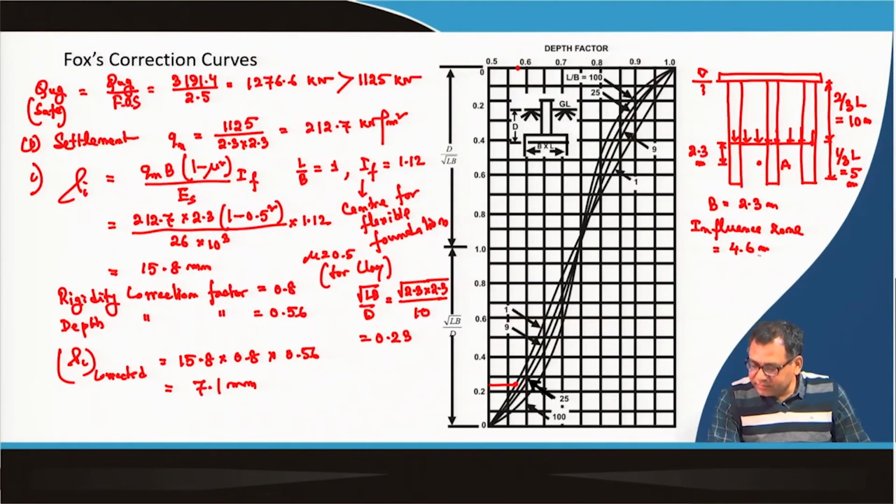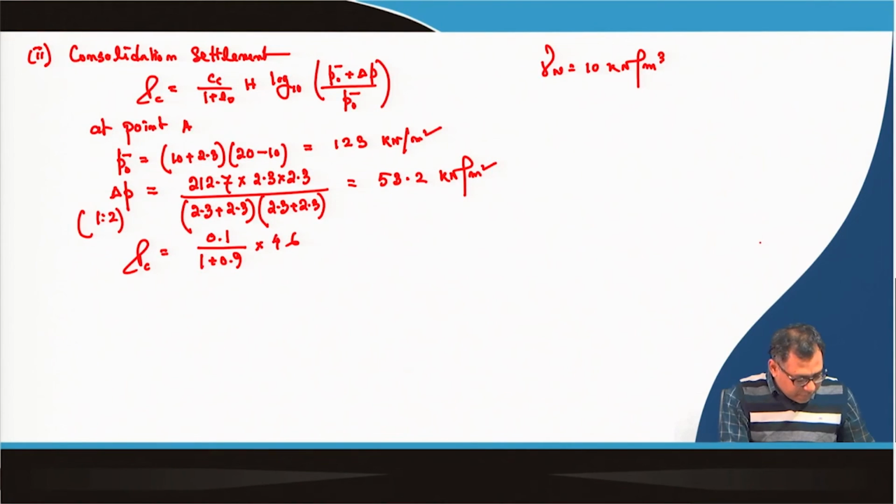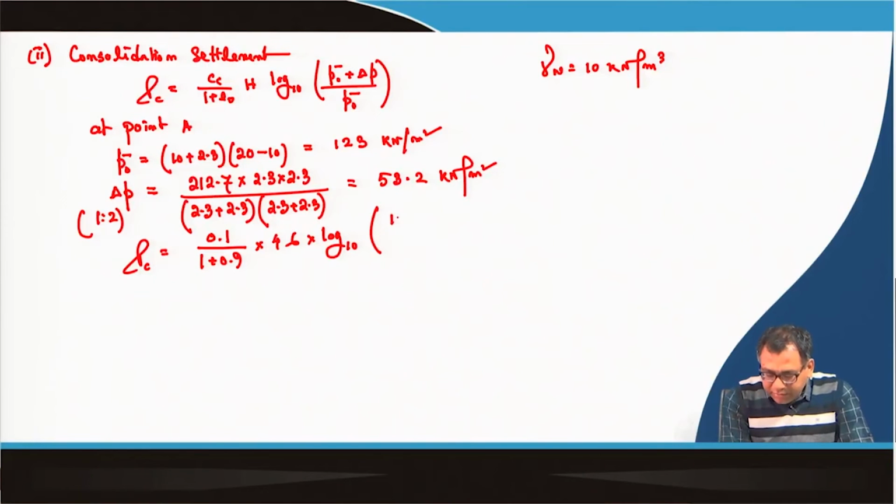This is the 4.6 influence zone. So, 4.6 into log of 123 plus 53.2 divided by 123. So, this is 37.8 millimeter.